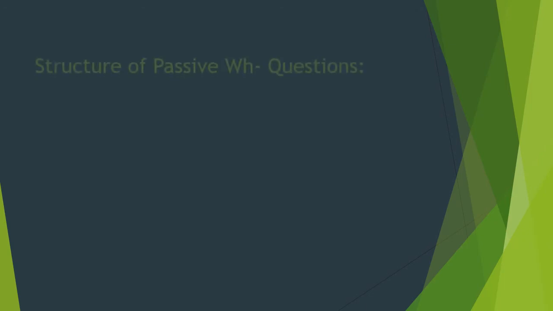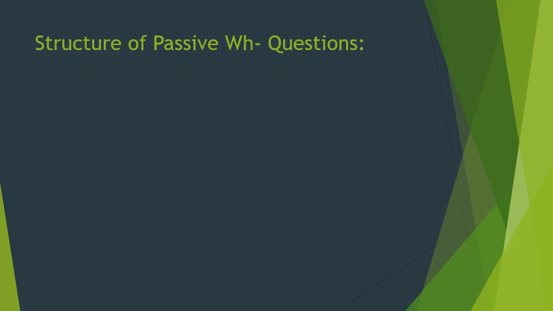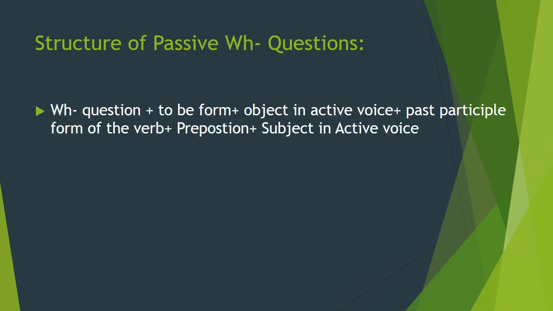Let us learn the structure of passive WH questions. The structure of a passive WH question is: the WH question word, whatever we have, what, why, how, etc., plus the to be form, plus the object in the active voice, plus the past participle form of the verb, plus the preposition, plus the subject in the active voice.